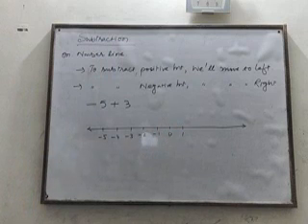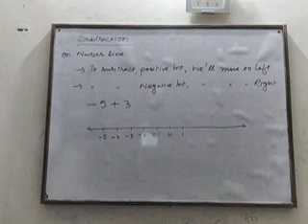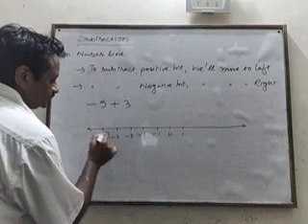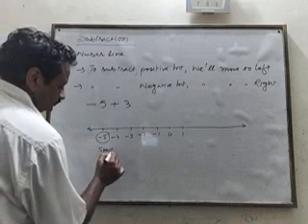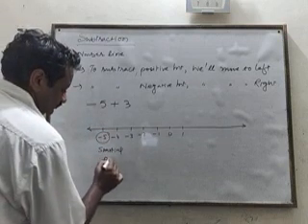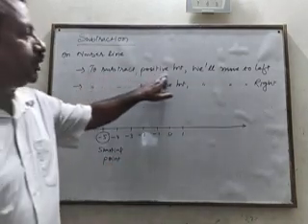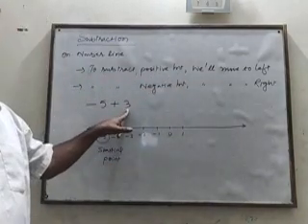So the starting point is minus 5. This is the starting point. And to subtract a positive integer, here it is a positive integer.